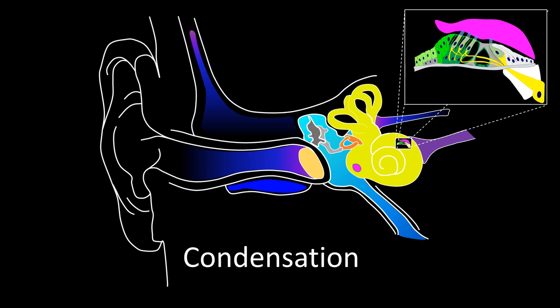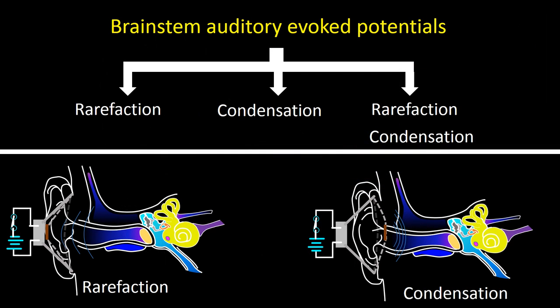Condensation has the opposite effect. Pressure on the tympanic membrane generated by the loudspeaker causes the tympanic membrane to move towards the middle ear, and the hair cells to move in the direction of producing hyperpolarization.